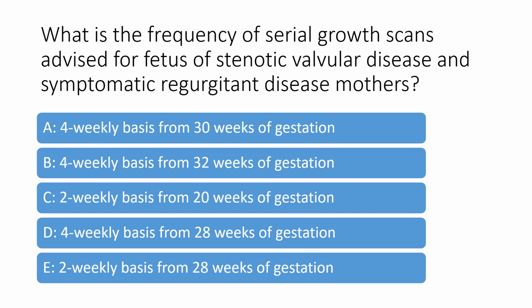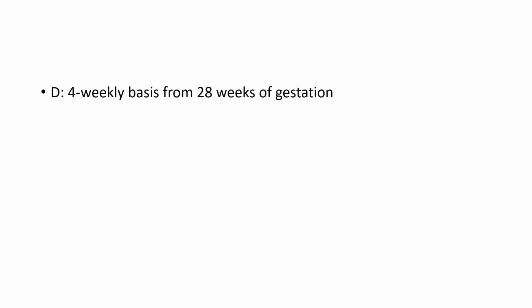Is it B, 4 weekly but from 32 weeks? Is it C, 2 weekly but from 20 weeks? Is it D, 4 weekly but from 28 weeks? Or is it E, 2 weekly but from 28 weeks? And the answer is D, 4 weekly but from 28 weeks.